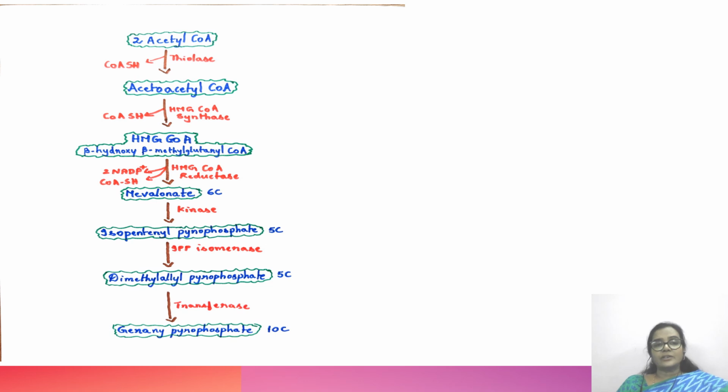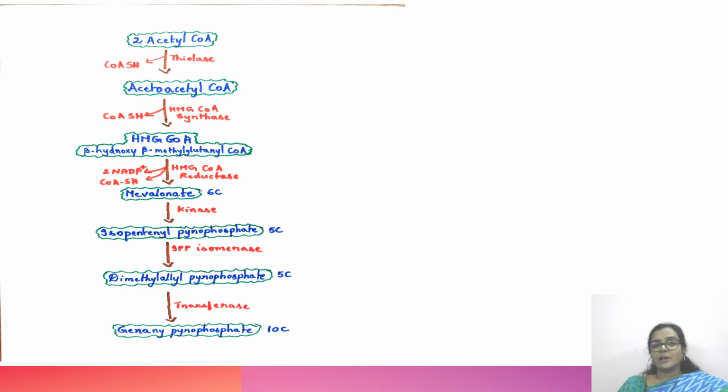And the next reaction is a reduction reaction. HMG-CoA undergoes a reduction to mevalonate in the presence of an enzyme HMG-CoA reductase. And this reaction is a rate limiting step in cholesterol biosynthesis, and HMG-CoA reductase is the rate limiting enzyme in cholesterol biosynthesis. And it is a very good example for a simple feedback mechanism.